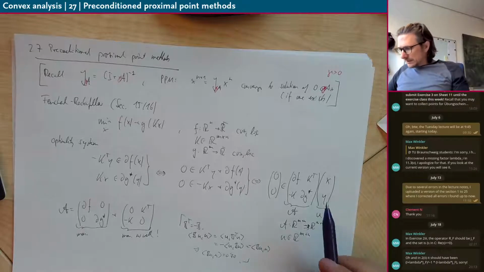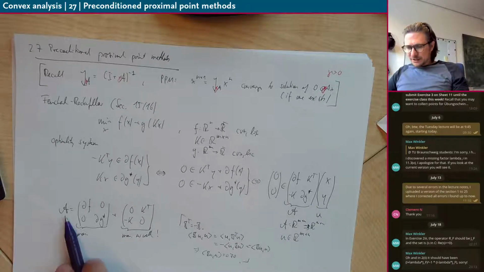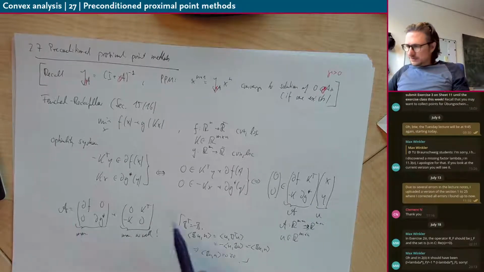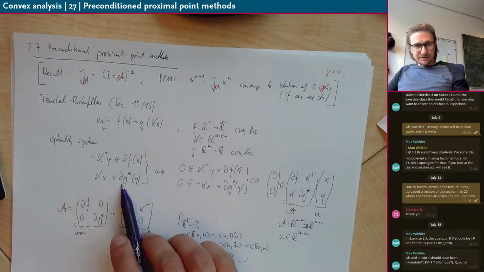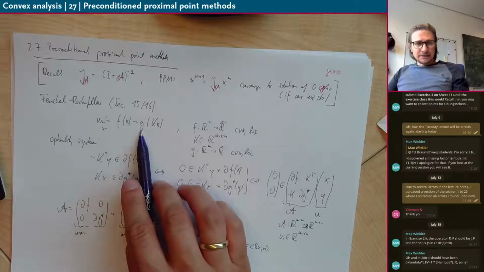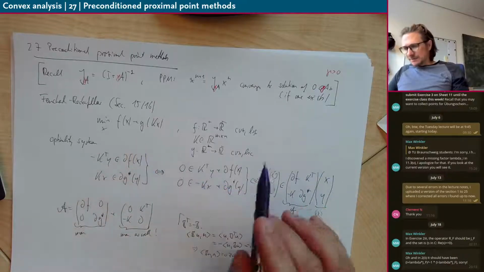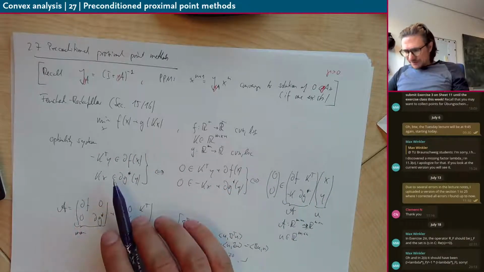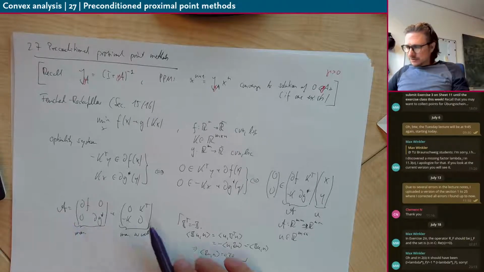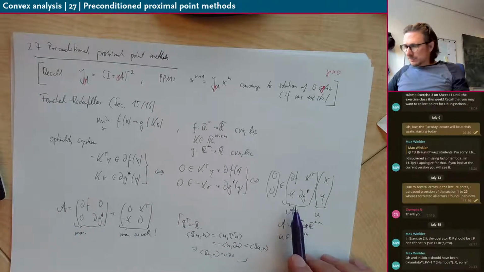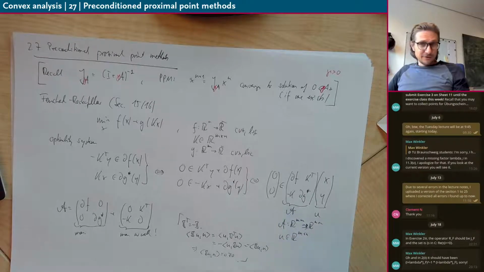But the problem persists: calculating the resolvent of this block operator is the same as solving that inclusion, and if you have a close look at how the equation for the resolvent looks, it's still difficult and it's not clear what to do.